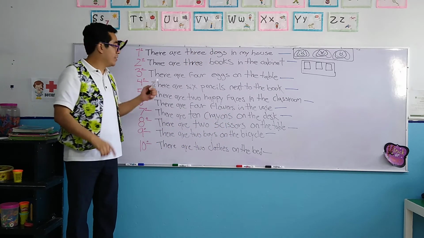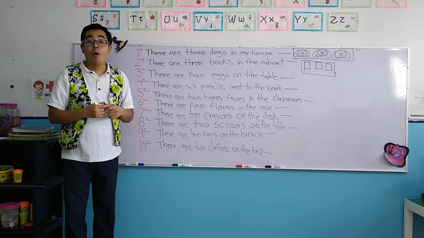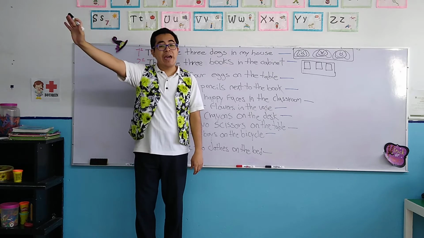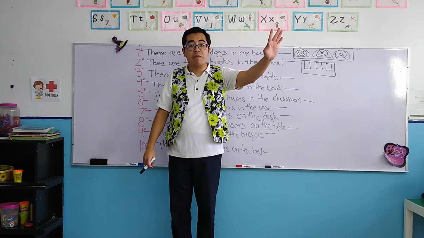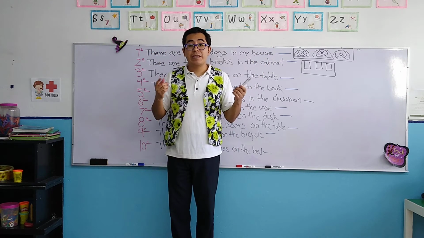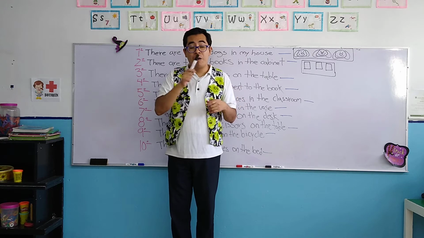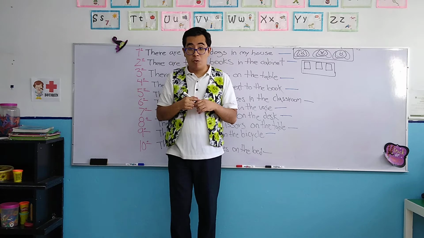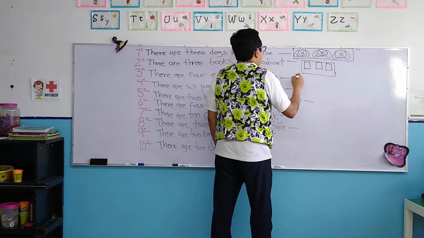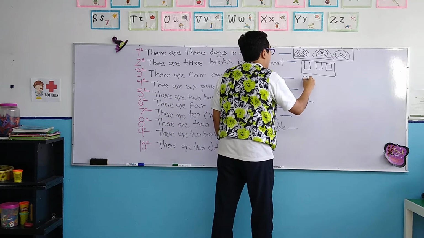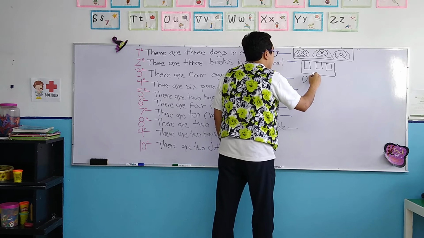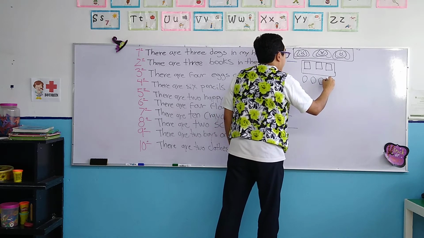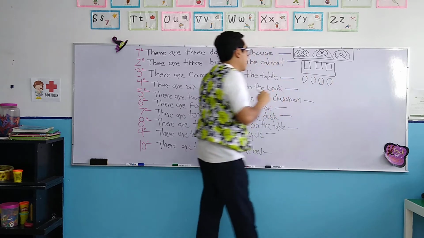The third sentence says, there are 4 eggs on the table. We have eggs and we have table. Okay, don't forget that eggs are part of the group of the food, and they have an oval form. 4 eggs. 1, 2, 3, and 4. 4 eggs.